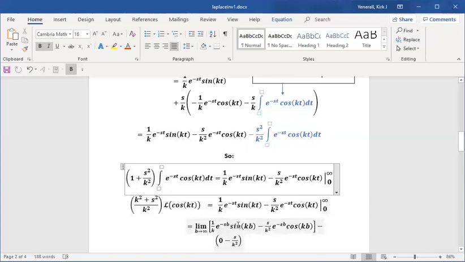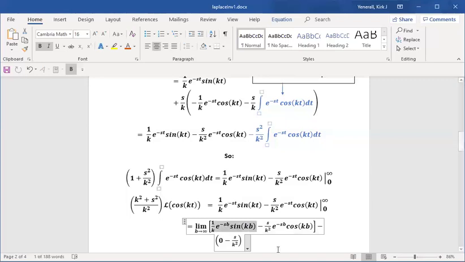When we substitute in b for t and let b go to infinity, take a look at these terms that we have here. This first one here is a negative exponential times a sine. And the second piece is a negative exponential times a cosine. What happens to those in the limit as the argument for the negative exponential is decreasing without bound?